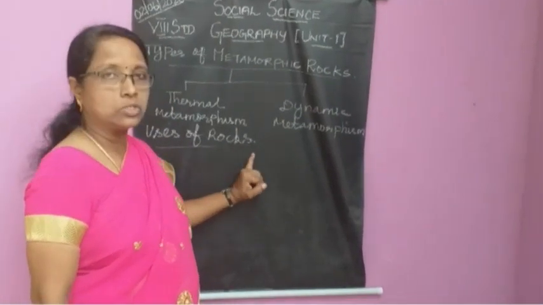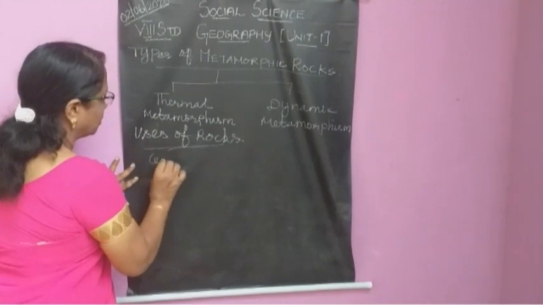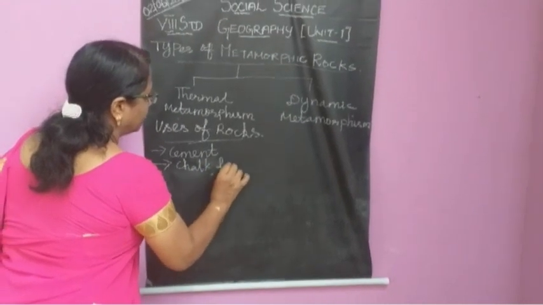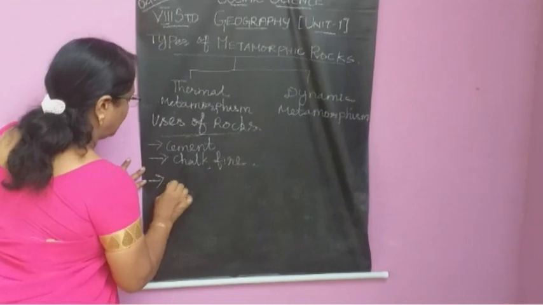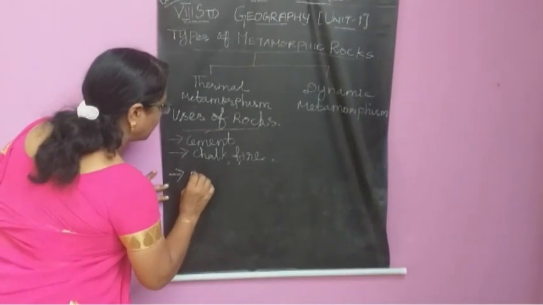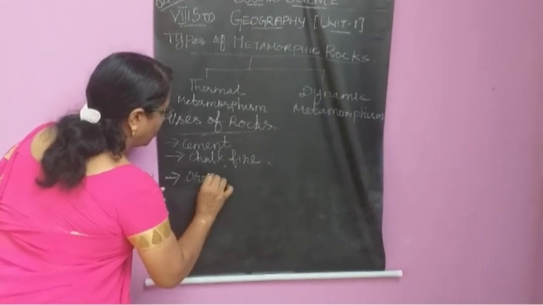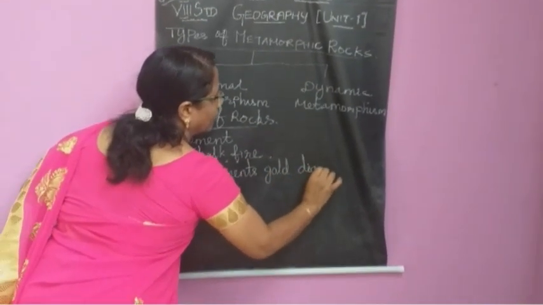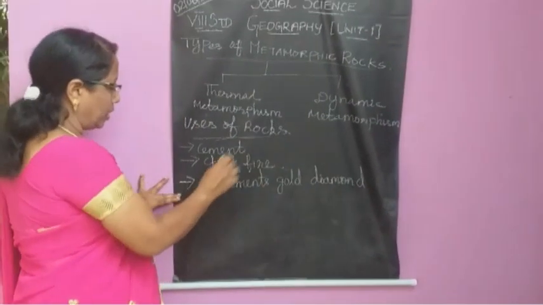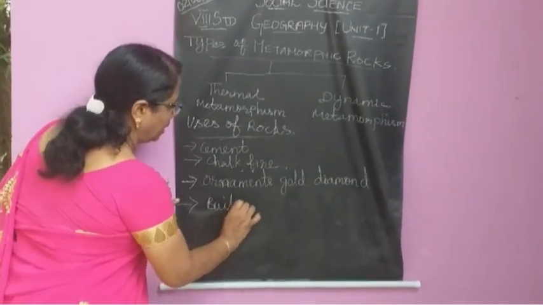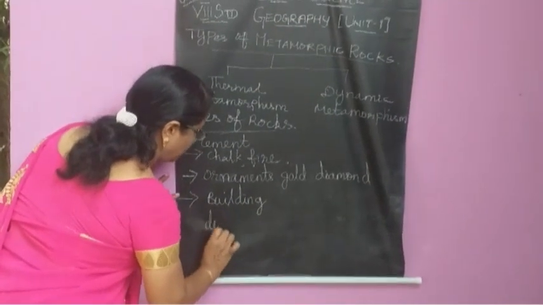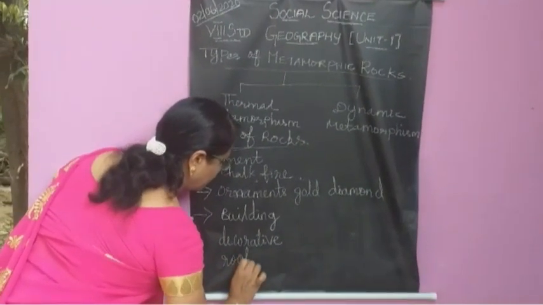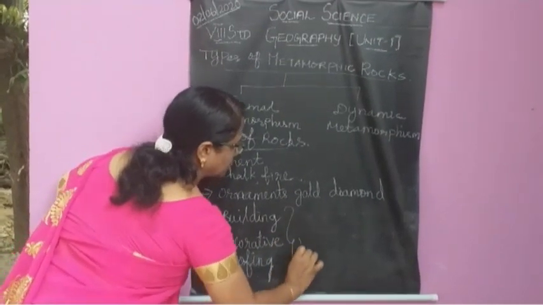They are useful for making cement, chalk, fire, ornaments like gold and diamond, and for making buildings, decorative and roofing materials.